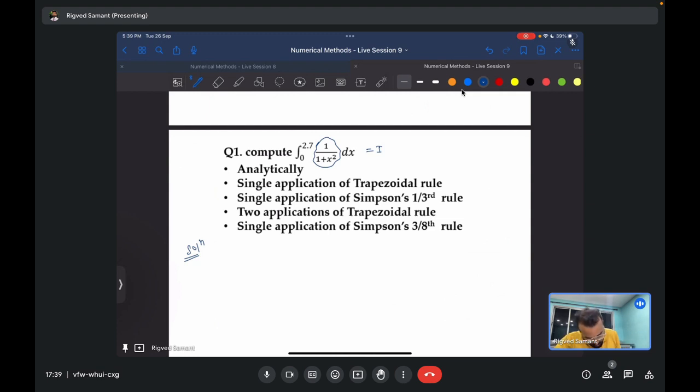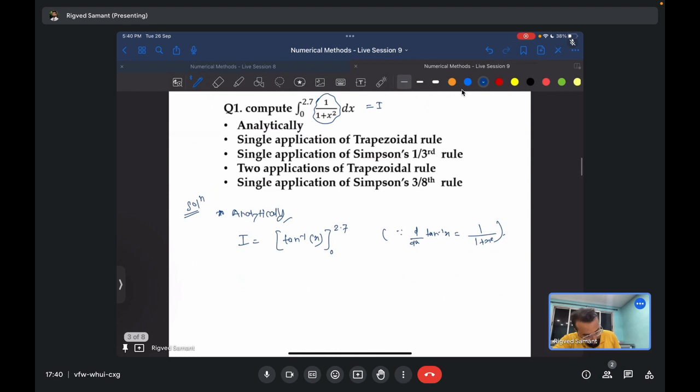So from the formula you know, analytically, I is equal to tan inverse x from 0 to 2.7, since d by dx of tan inverse x is equal to 1 upon 1 plus x square, right?